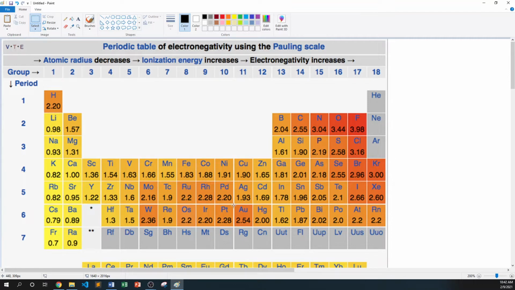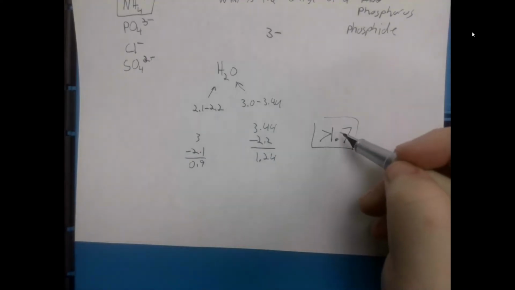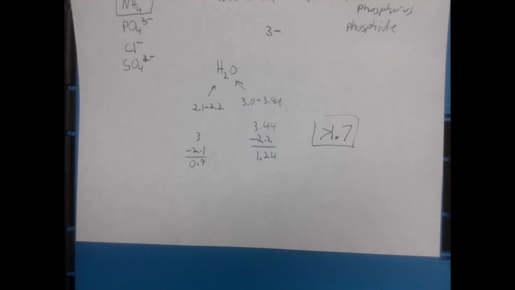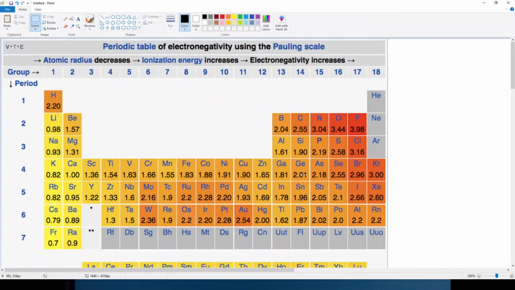But this will be on the test. You just have to memorize 1.7 and how to figure this out. Can y'all see all the numbers? So this only really works for binary.